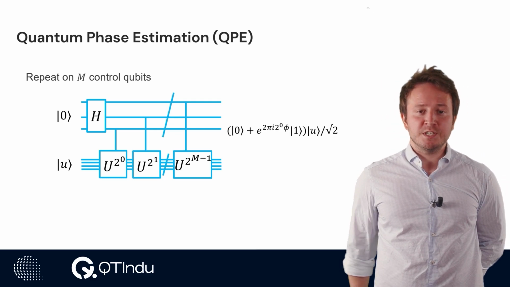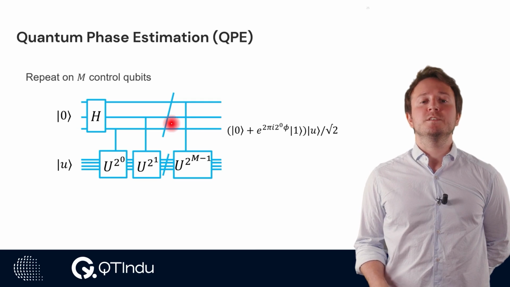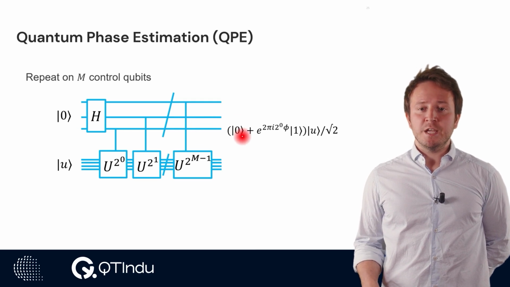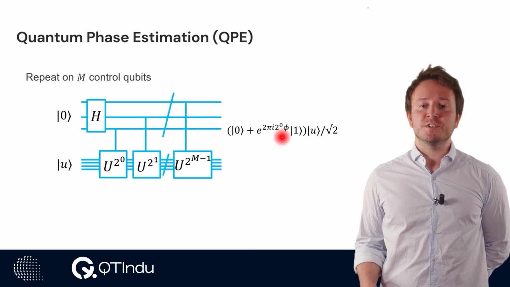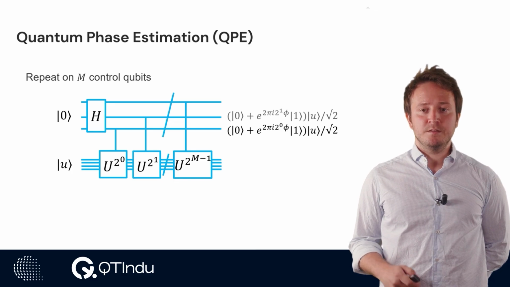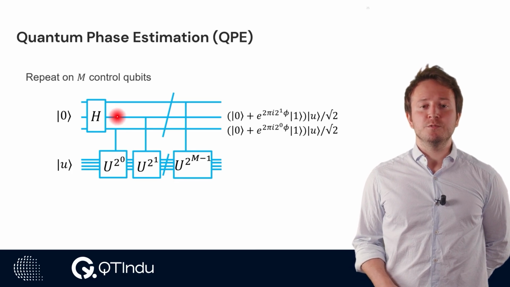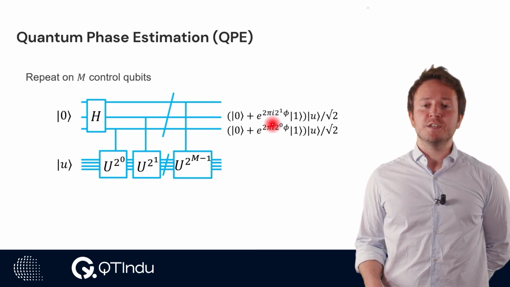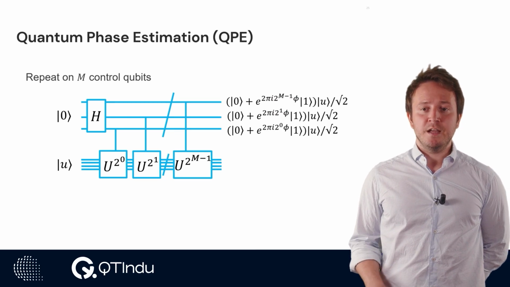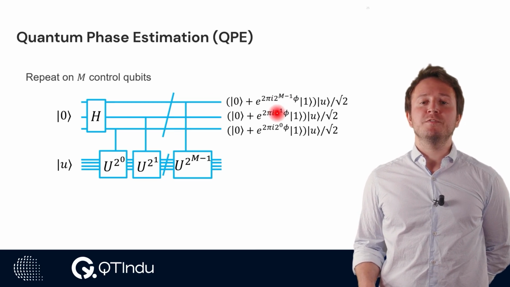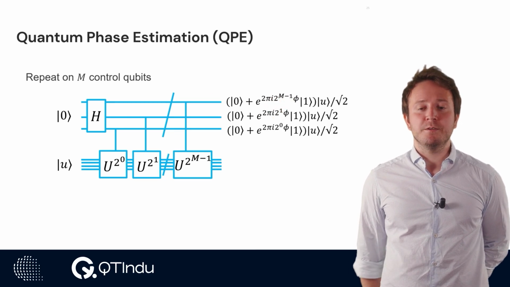Now, what happens if we just look at the last qubit? It will acquire a phase e to the power 0 phi. What will happen to the second qubit is that it will acquire a phase e to the power 1 phi, and so on. And the last qubit will have a phase e to the power m minus 1 phi.